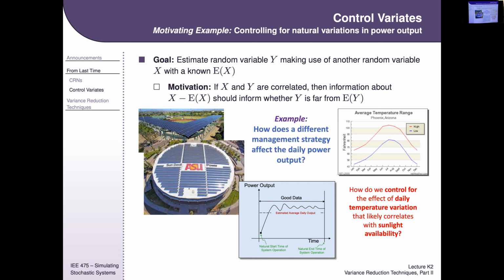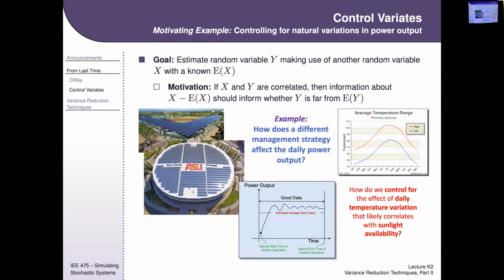The idea here is, let's say I'm running a single simulation, and I know a particular variable like temperature varies and is going to affect the performance of this system. And I am measuring the output y, the output of this system. And I know that this variable, like temperature, is correlated with this output y.